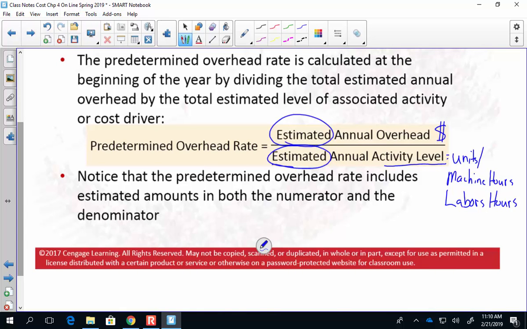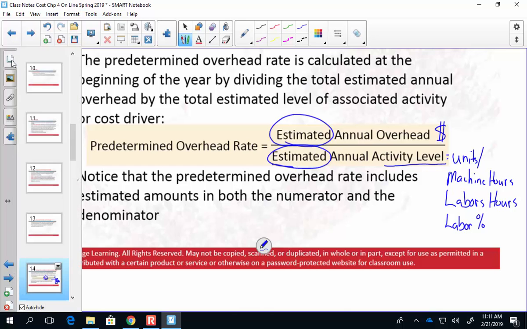Operations drive our cost numbers. It could even be a percentage of labor as our driver. So 70% of our labor cost is going to be our overhead rate. It could be that simple. So watch for that. We'll do some problems where we'll show this application.